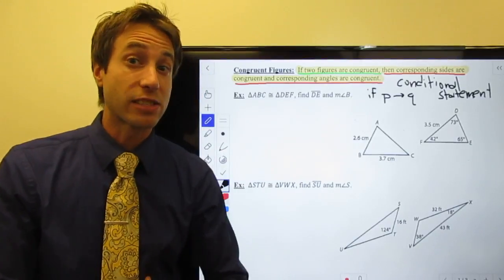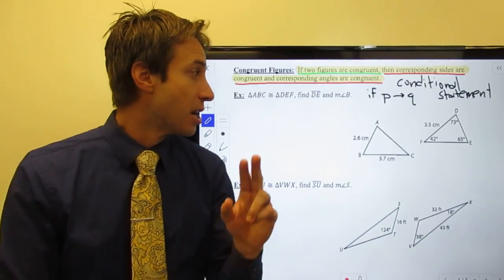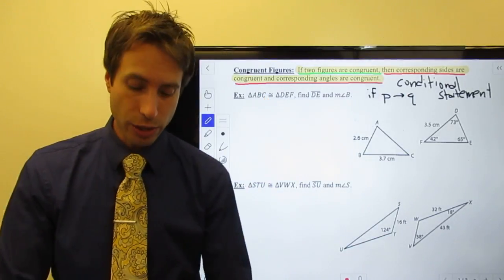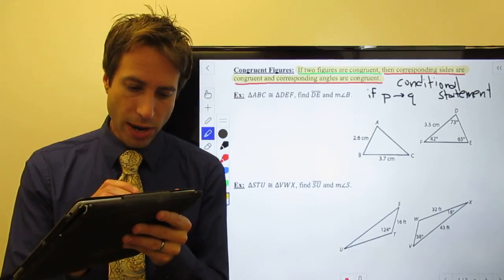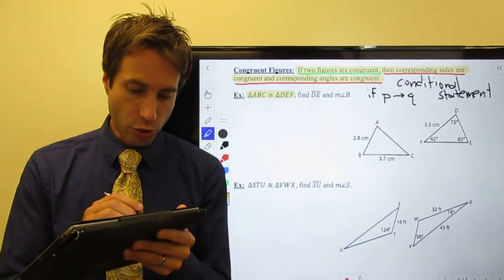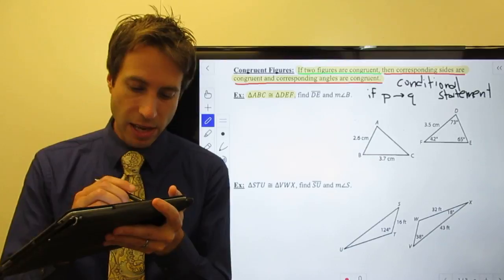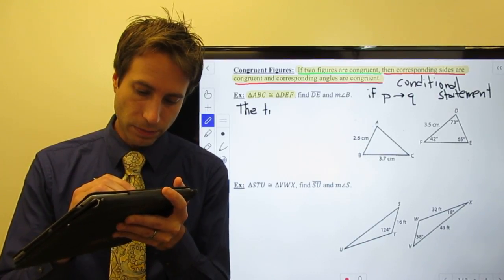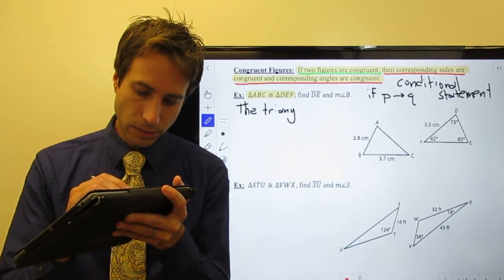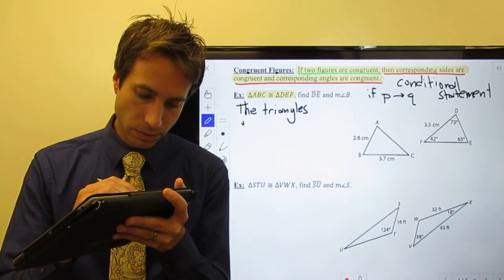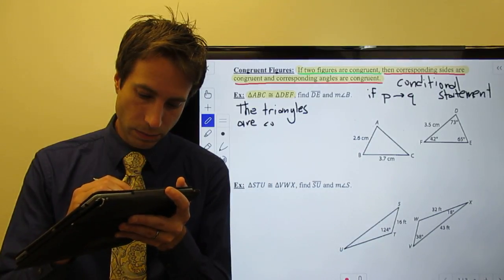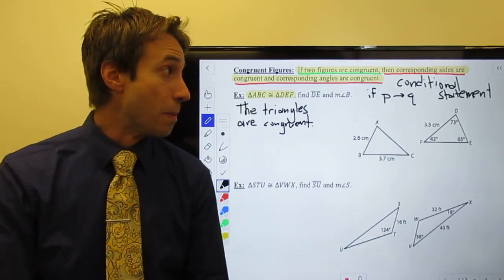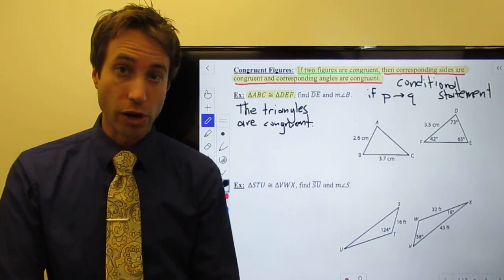Now, here's how that's going to work in these problems. Please notice in this first example problem, I tell you right there that these two triangles are congruent. Now, remember the way a conditional statement works.